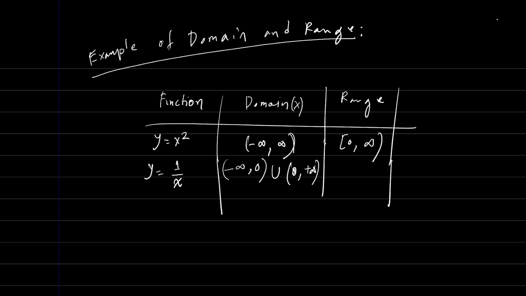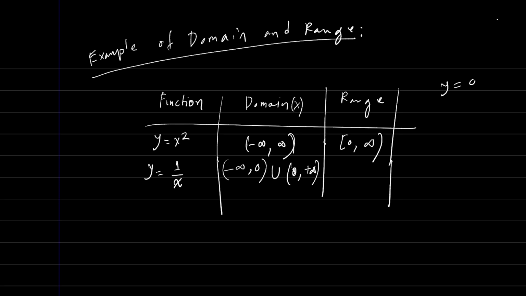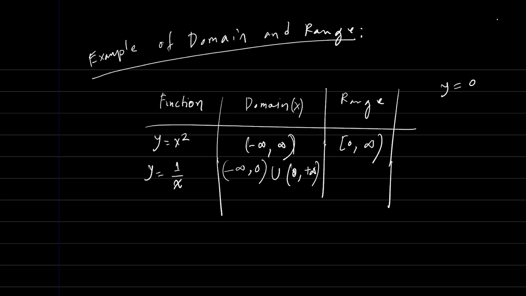What would be the range? No matter what, we cannot get y equal to 0. So the range also would be minus infinity to 0, union after 0 to positive infinity.